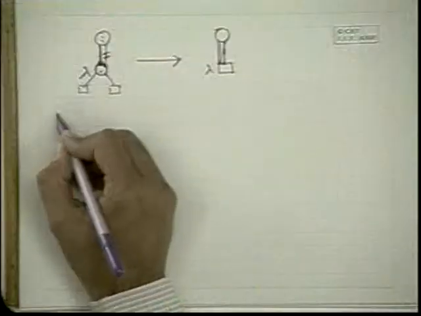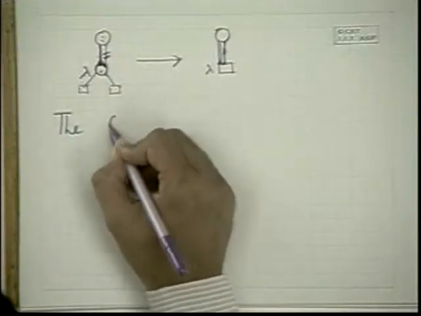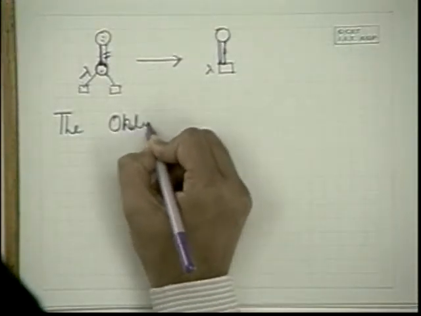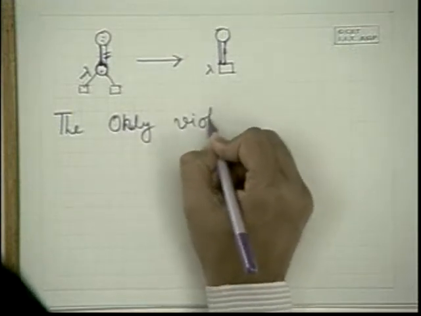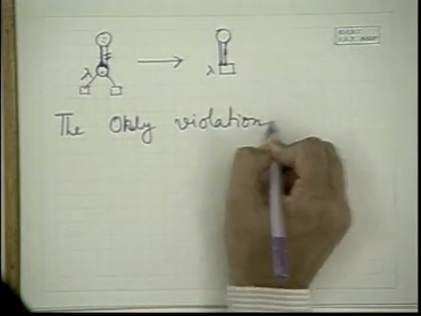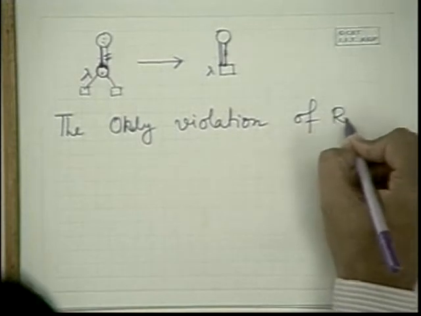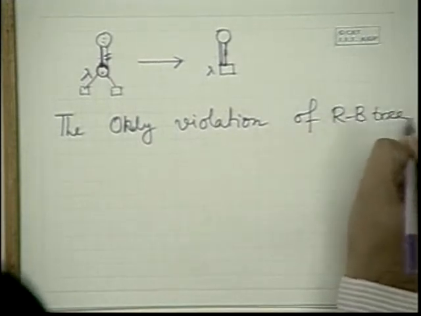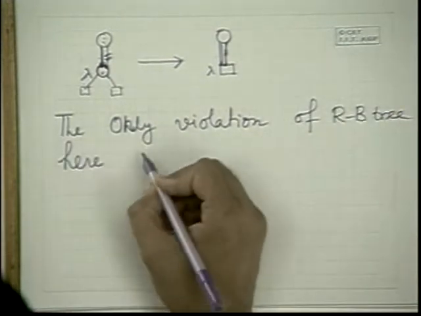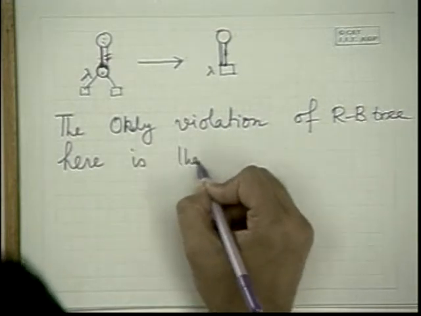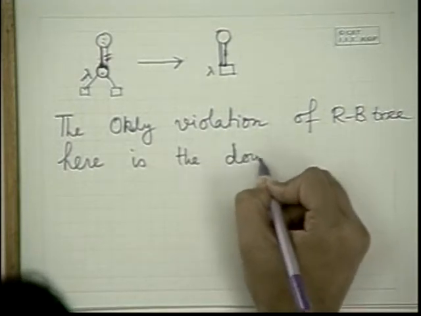Okay. But at the same time, I have to take care of this, because in the red black tree there is no such condition that one black edge will be represented twice. So this is the only violation of RB tree here: the double black edge.